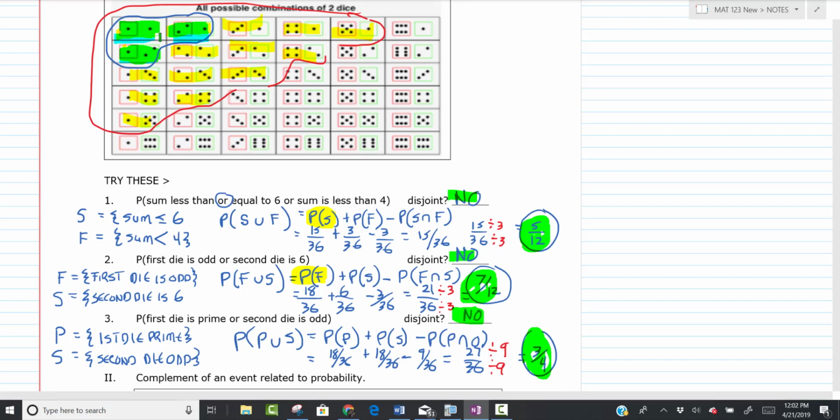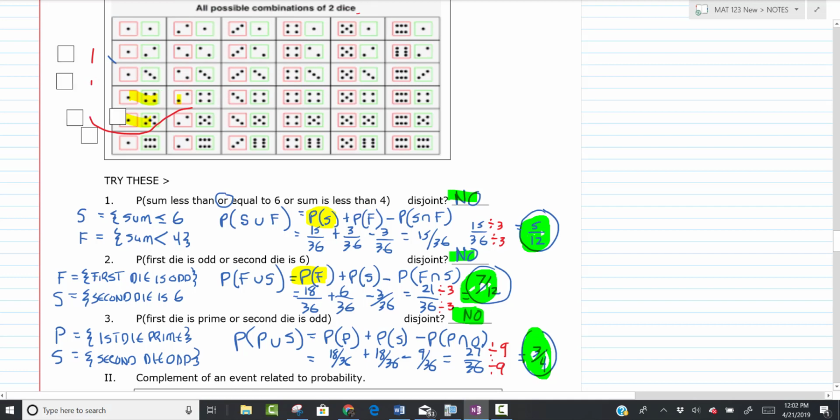Okay, so the next one, I'll erase this because this is a handy way to show this again. When I identified the sets, I said F is the first die is odd. S is the second die is 6. So we're doing the probability of F union S is the probability of F plus probability of S minus probability of intersection.